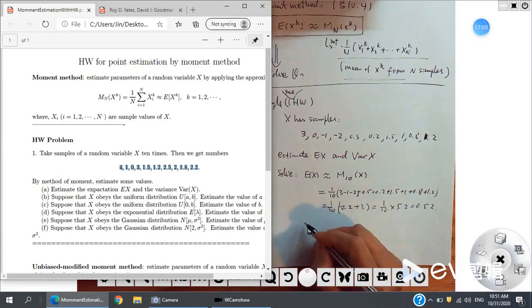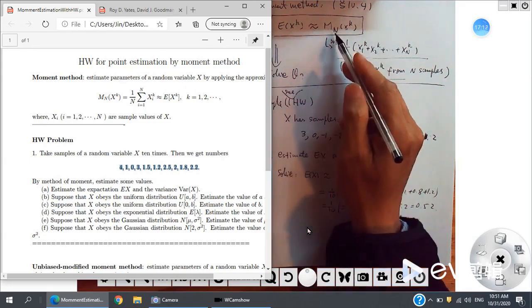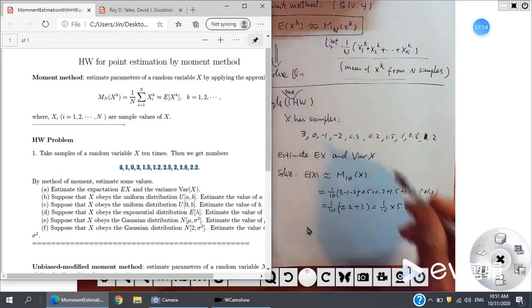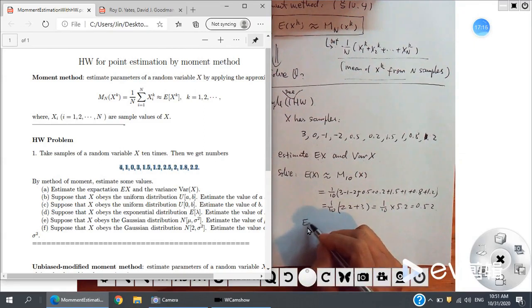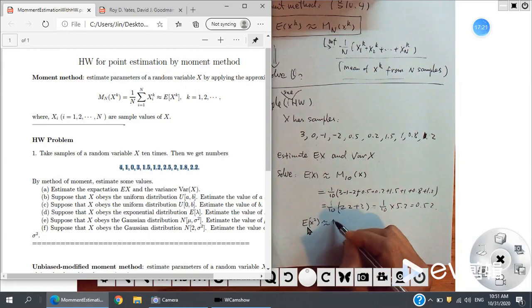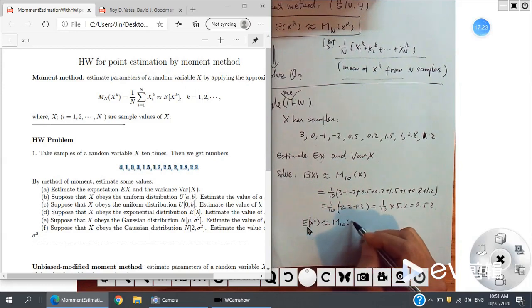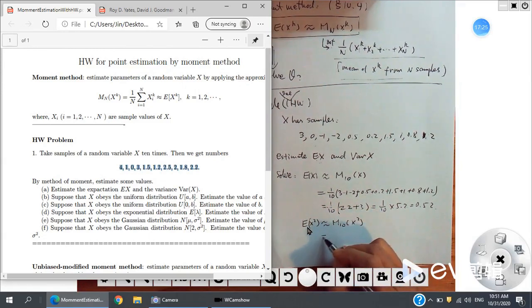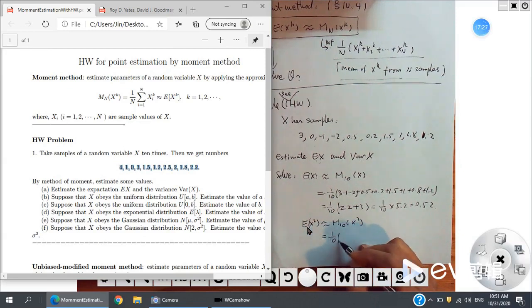And the variance of X. We cannot use the moment directly. We need one more step. So we need E of X squared first. This is close to M from 10 ensemble of X squared. So this is 1 over 10 and X squared.